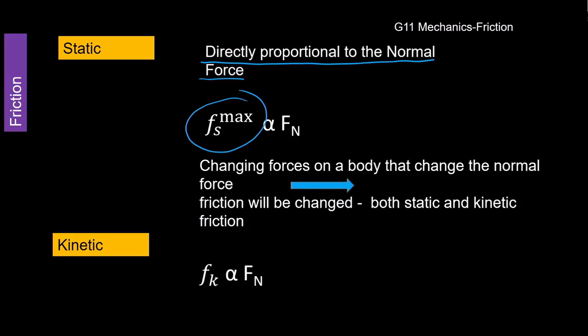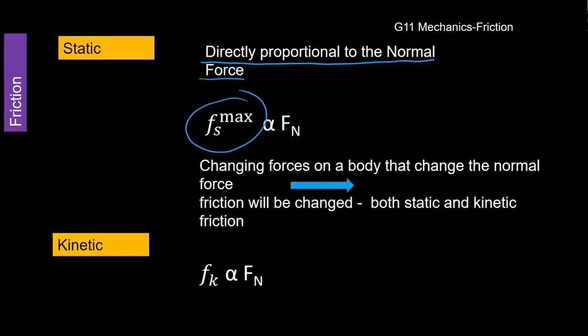Now, we don't work with the other, as the static frictional force increases, like on the graph. Those get a bit complicated. So we only work with the maximum static frictional force. It is going to be directly proportional to the normal force.